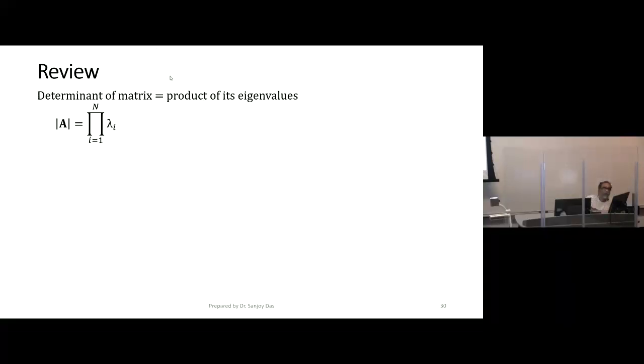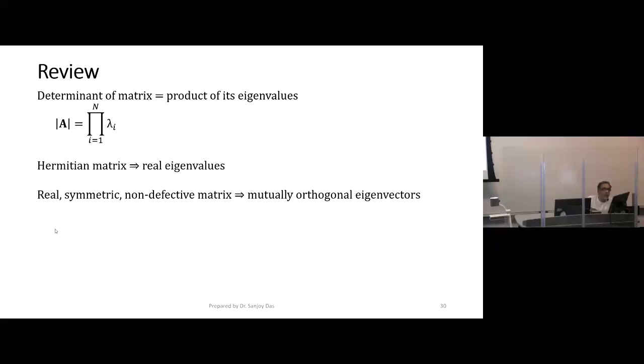The determinant of a matrix is the product of its eigenvalues. For a Hermitian matrix, the eigenvalues will always be real. Real symmetric and non-defective matrix, symmetric matrix basically.